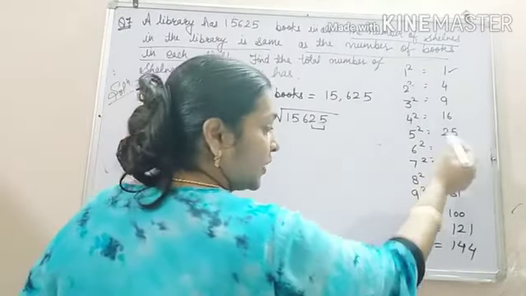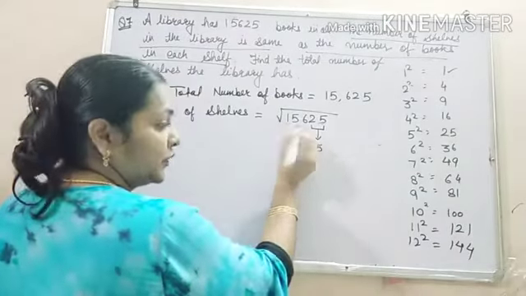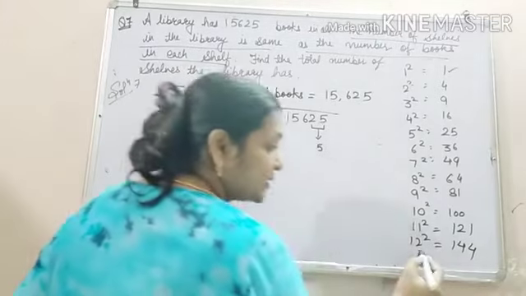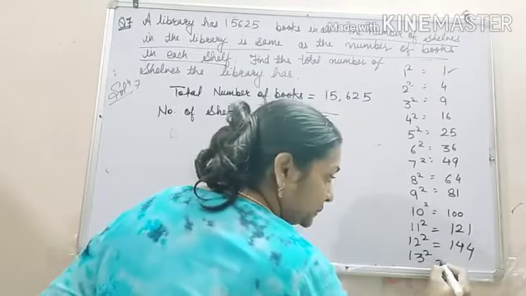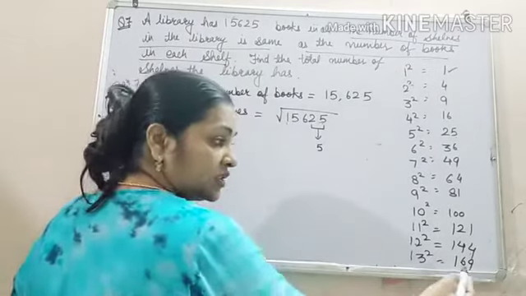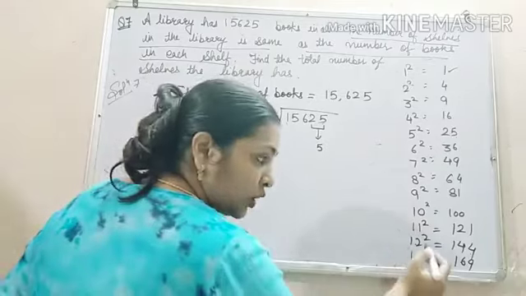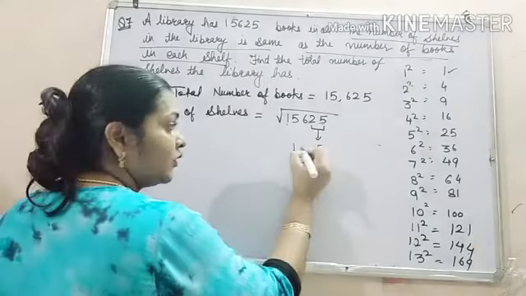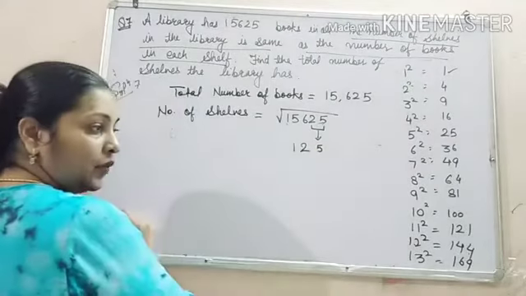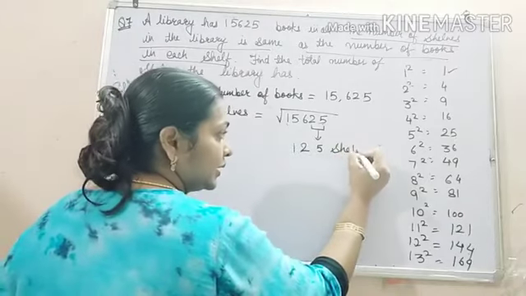So last digit 5 is possible only for 5. Here it is 156. Now you can see that 12 square is equal to 144 and 13 square is equal to 169. And which one is smaller? 12. So here it will be 125. So 125 cells are there.